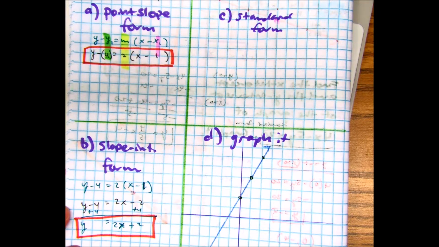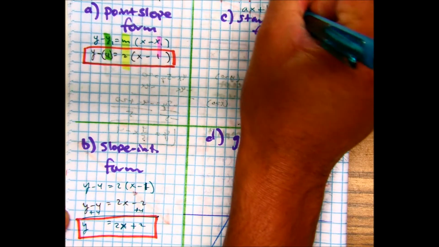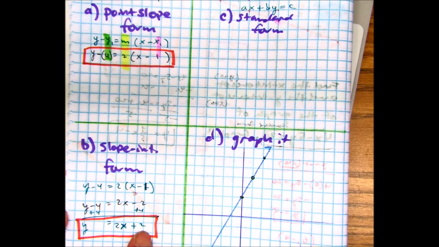What is a C value? He says the C value is x. Thumbs up, thumbs in. The C value is what, class? It's just the number. We're trying to get the 2 by itself.